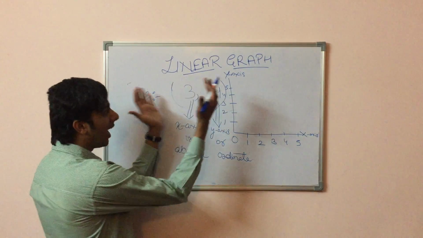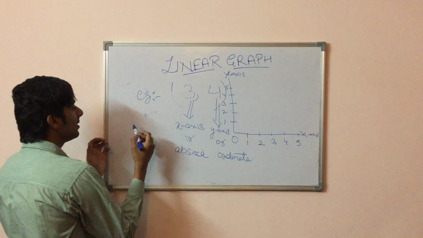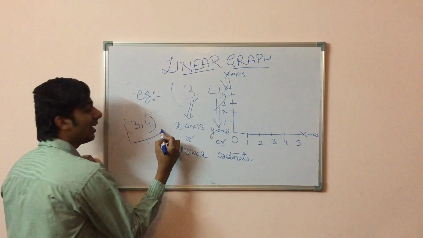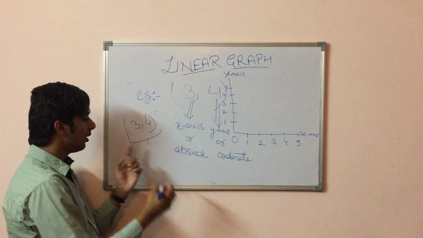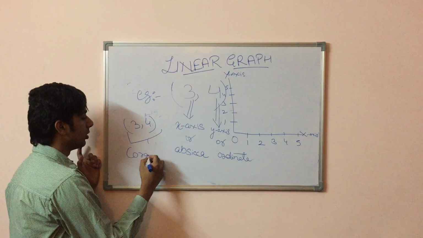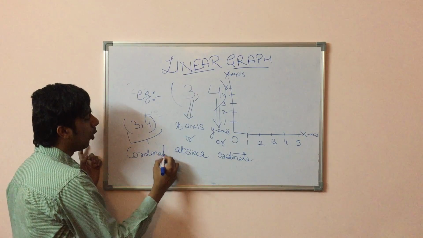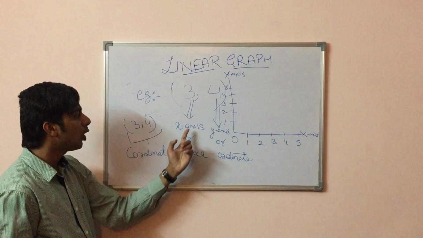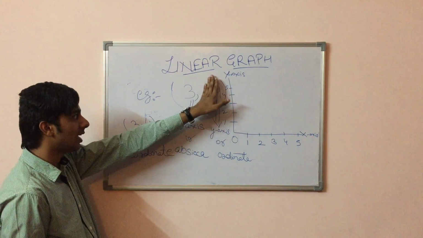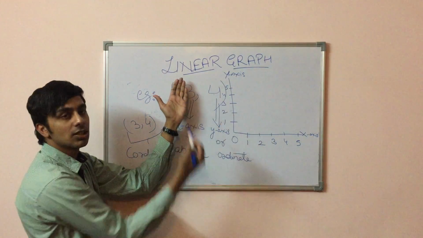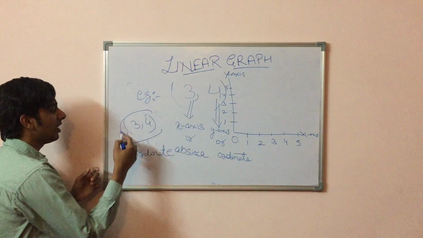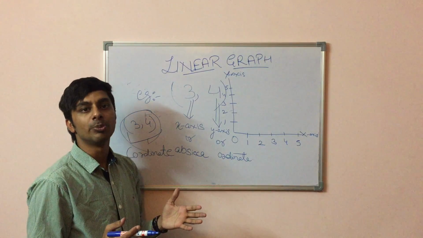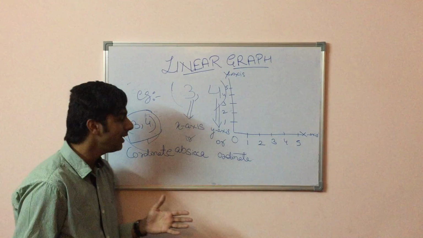Now when we combine this and it becomes (3, 4), this whole thing is called coordinate. The point of x-axis is called abscissa, the point of y-axis is called ordinate, and when we combine them and write (3, 4), that represents the coordinate.